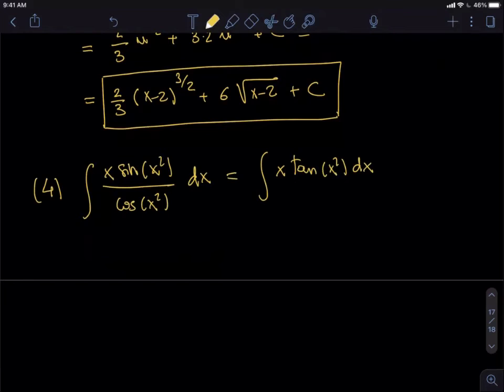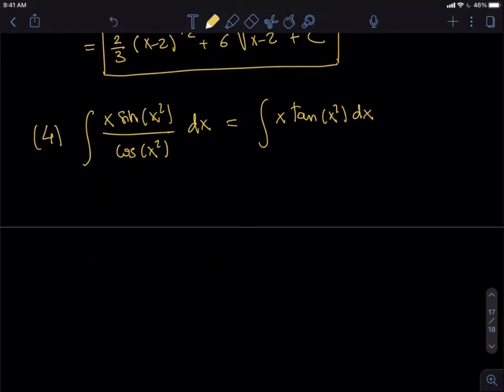Either way it will work, but it's probably easier, so let's do it like the tangent. Either way, the substitution is obvious here: u equals x squared, because that's what appears inside the trigonometric function, sine, cosine, or tangent.